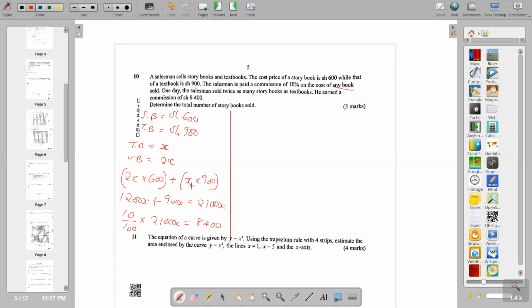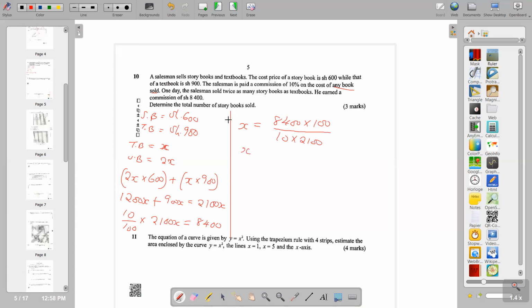So X will be equal to 8,400 times 100 over 10 times 2,100.